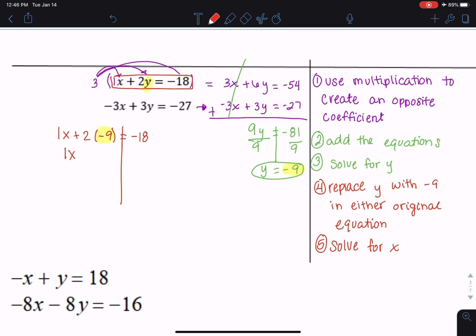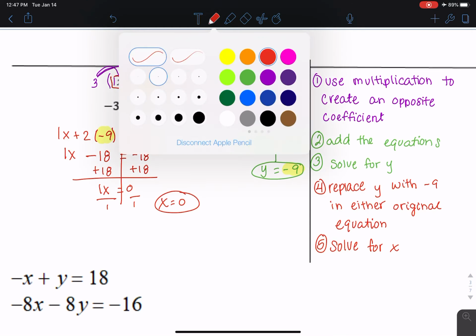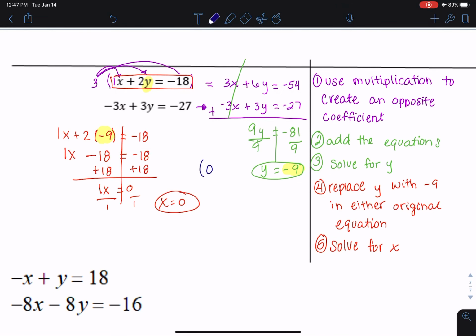So 1x, 2 times negative 9 is negative 18, equals negative 18. Add 18. So 1x equals 0. Divide by 1. X equals 0. So my answer is the ordered pair where x is 0, y is negative 9.